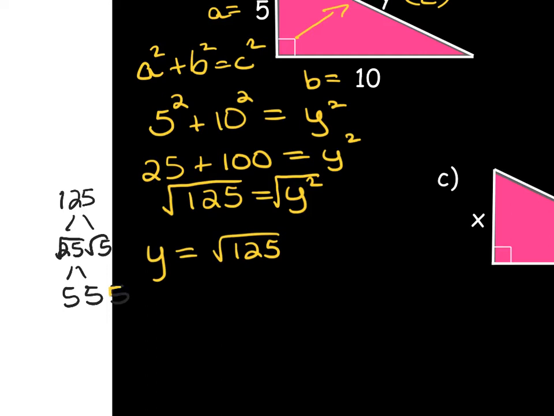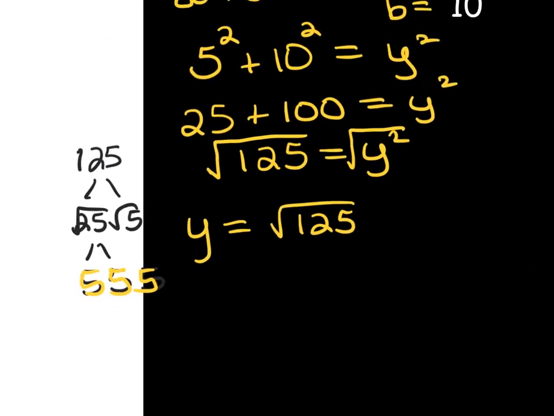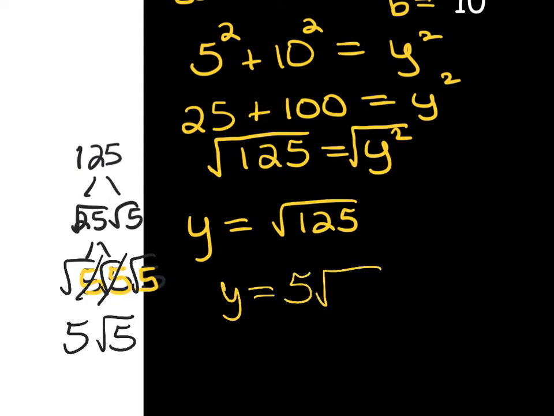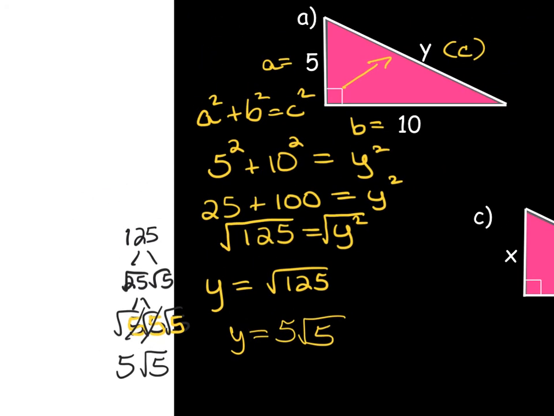So 5, 5, 5. Now I look for pairs. These are all still under square roots. Once I make a pair, 1 comes out, and anything else that doesn't pair up stays underneath. So in simplest radical form, my answer for y is 5 square root 5. So that's what y equals. Pretty good so far?